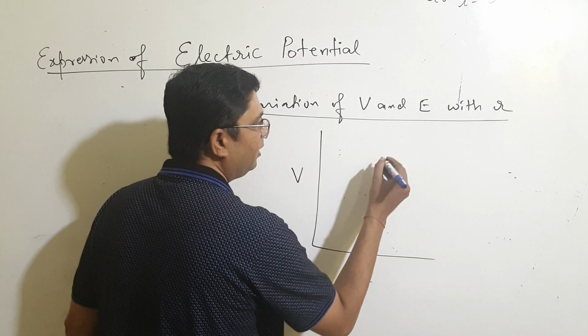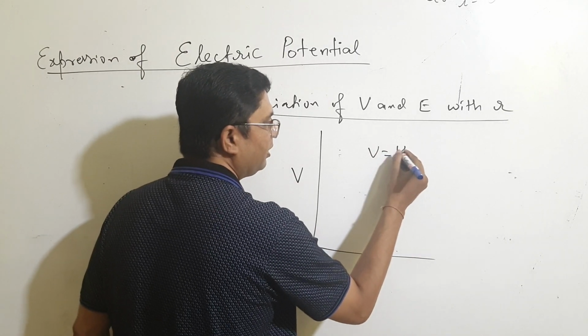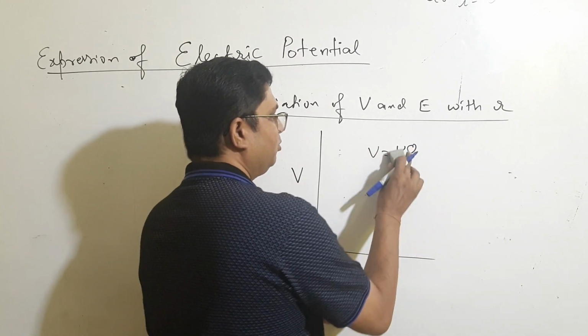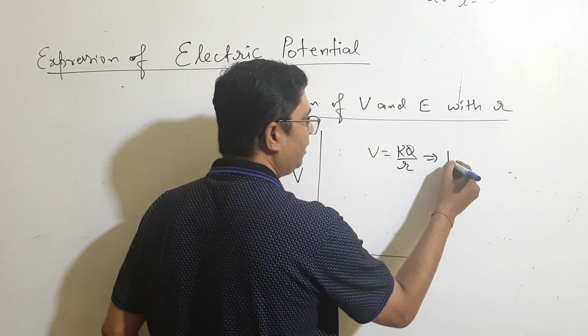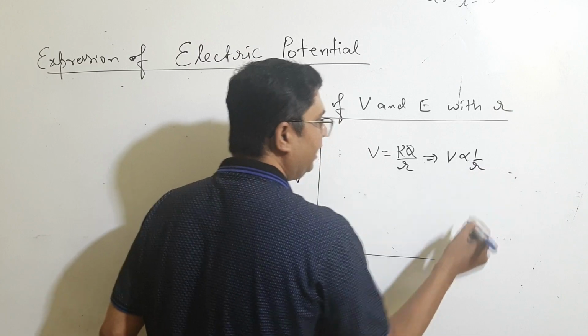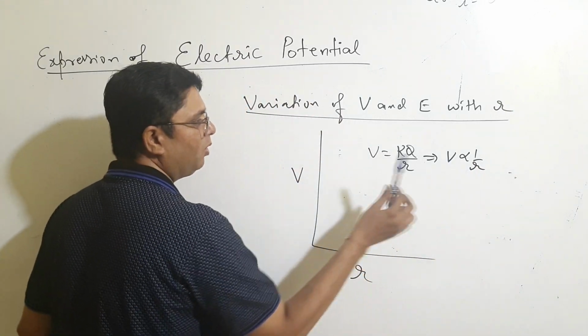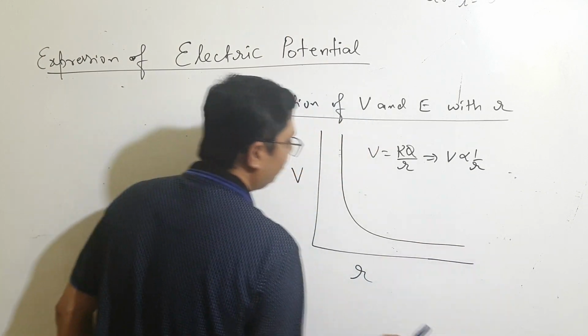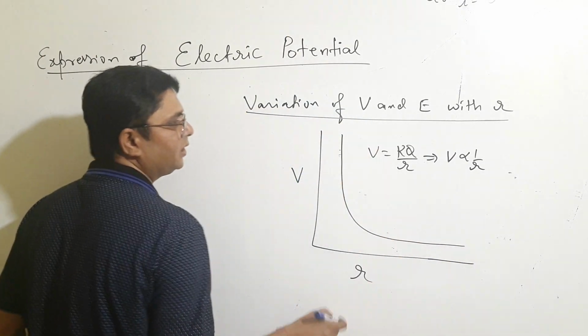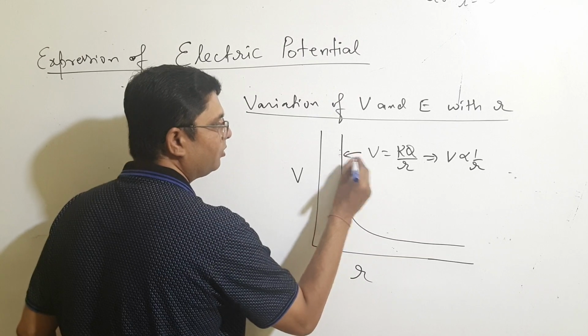Since you know that V is equal to kq upon r, this means V is proportional to 1 by r, so V is inversely proportional to r. So the graph for V is a curve, and this is the graph for it.